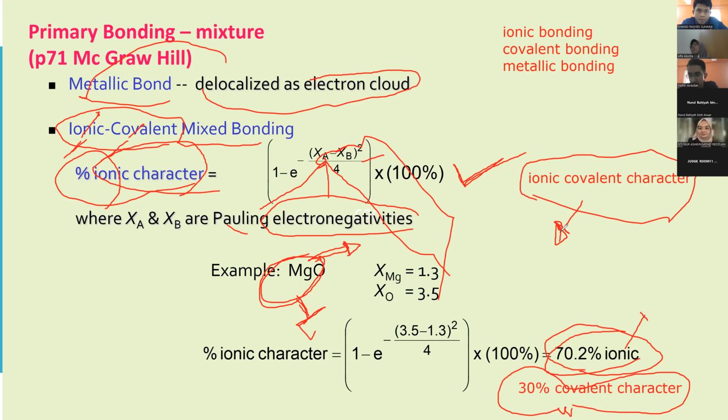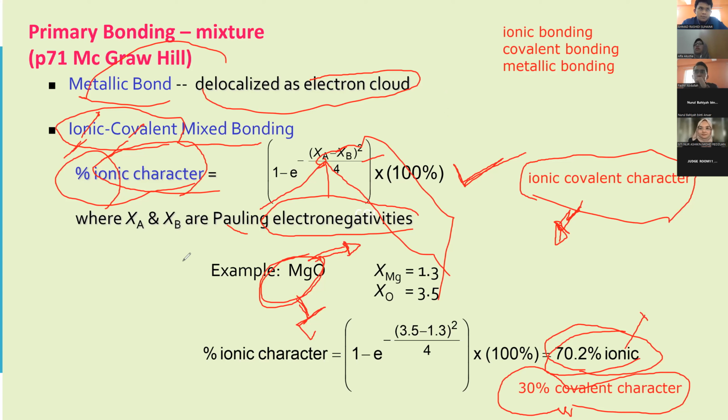When you do research, it's more useful if you learn. If you ever read the theory of ionic covalent character, you can browse it with your handphone. Ionic covalent character is so interesting.